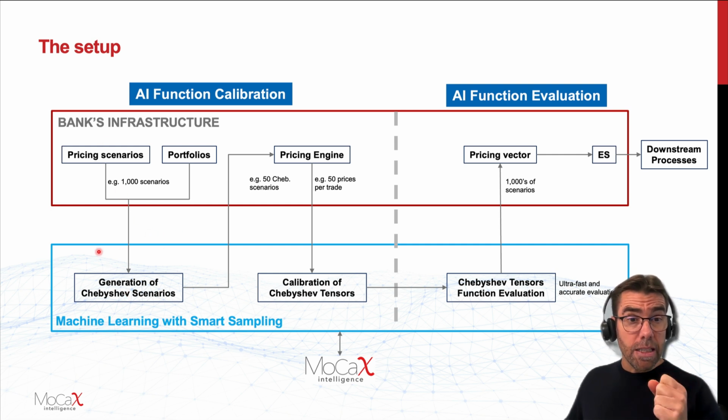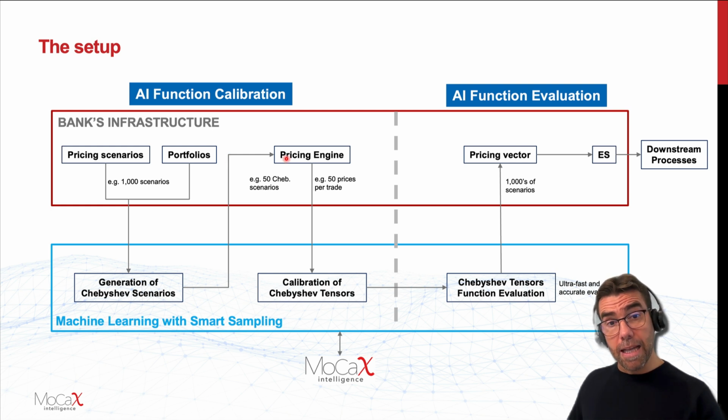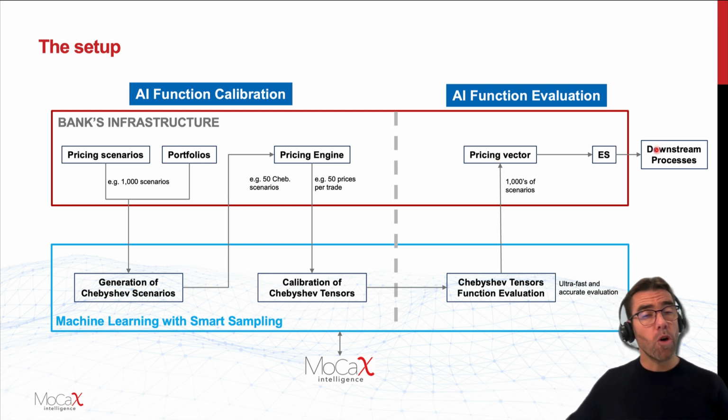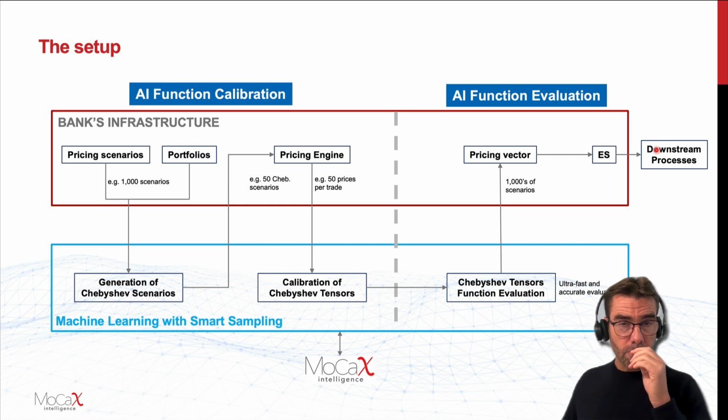With this information, this box creates the Chebyshev smart scenarios that are sent back to the pricing engine. It returns the prices, and then with these values, we calibrate the tensor, and we evaluate the tensor in all original scenarios so that we have the pricing vector and then expected shortfall and all other downstream processes.